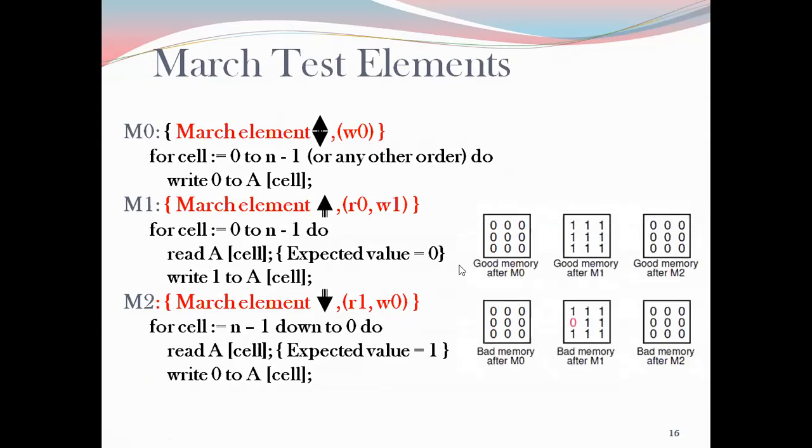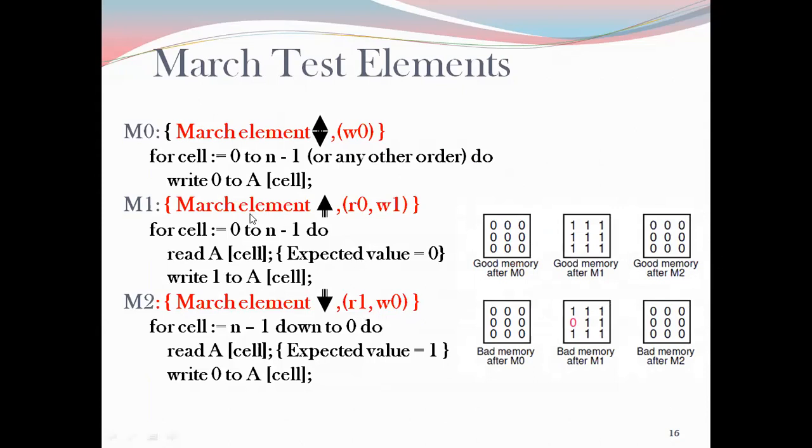So I'll consider one practical example. Let it be a memory module with 9 cells. Initially, after my March M0 is carried out, it contains all zeros. So I've written 0 to each cell.